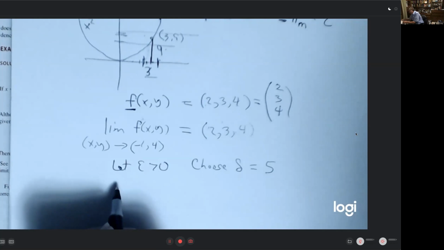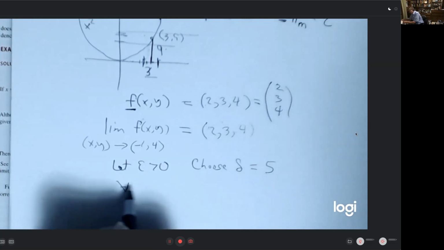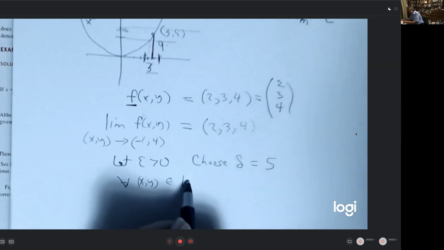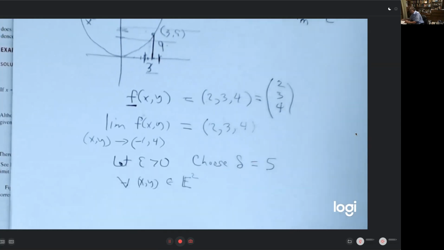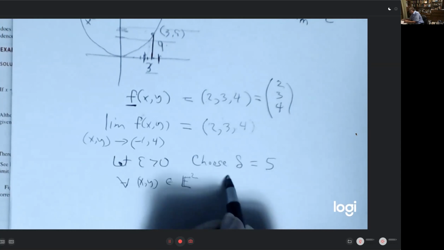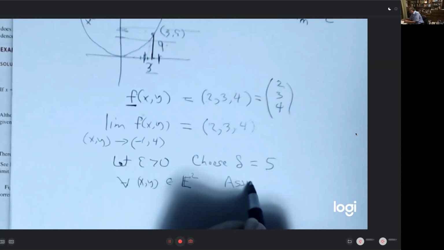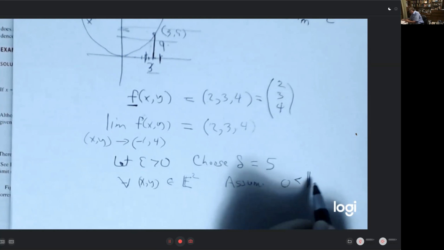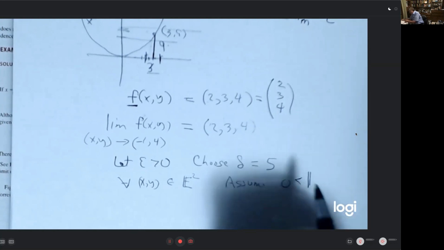What is the limit of this? Well, what you do next is you have to pick something in the domain. In this particular case, that could be anything. So I pick anything in E2, and I assume that the point I pick is within some distance from (-1, 4).